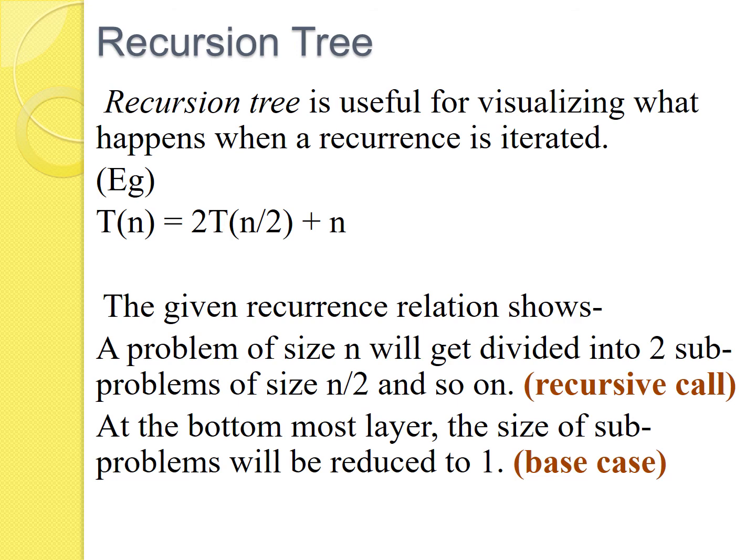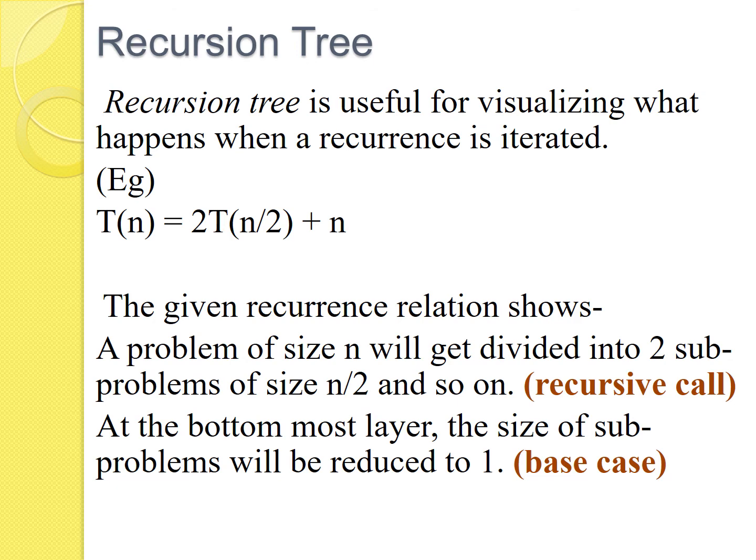Let us take the example of a nonlinear recursion as t of n equals 2 multiplied by t of n by 2 plus n. The given nonlinear recurrence relation shows the problem size of n will be divided into two subproblems of size n by 2 and so on.